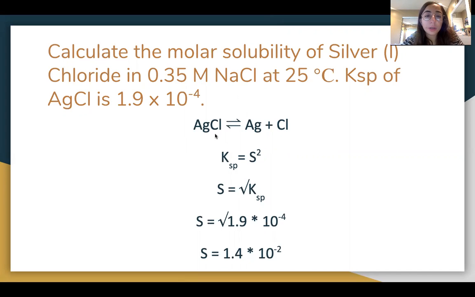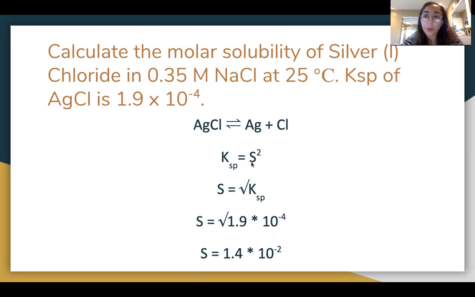Silver chloride equals, or forward arrow and back arrow because it's reversible, silver plus chlorine. And we also know that Ksp is equal to S squared. S stands for molar solubility. So our goal here is to isolate the S in order to figure out molar solubility.